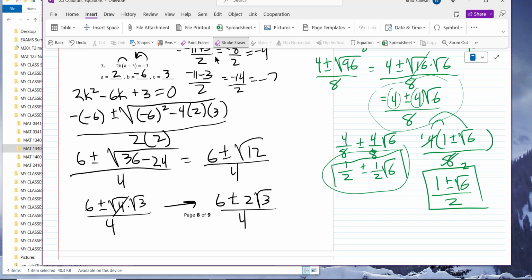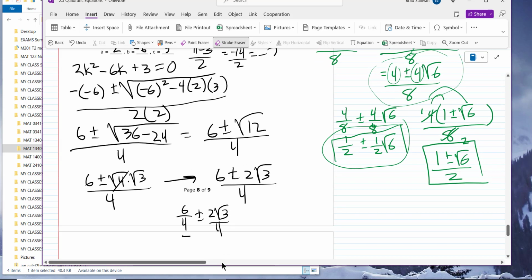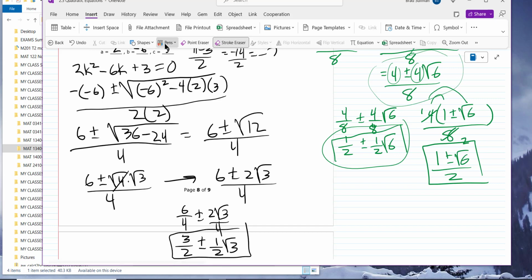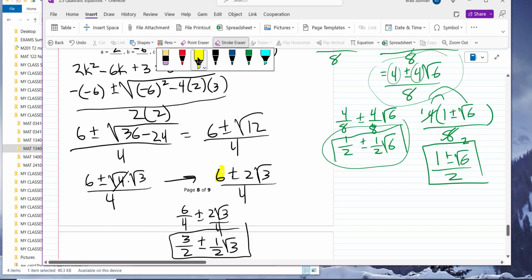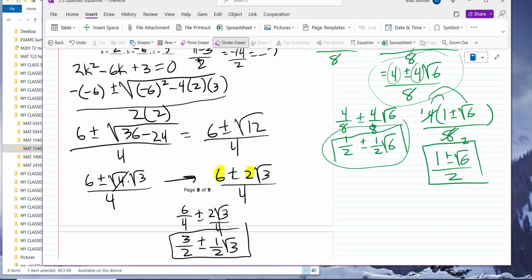So you can either do 6/4 plus or minus 2 root 3 over 4. You can take that approach, and then that would give 3 over 2 plus or minus 1/2 radical 3. That would be one way to write an acceptable answer, okay? The alternative way to do this is factor a 2 out. The greatest common factor between 2 and 6 is a 2.